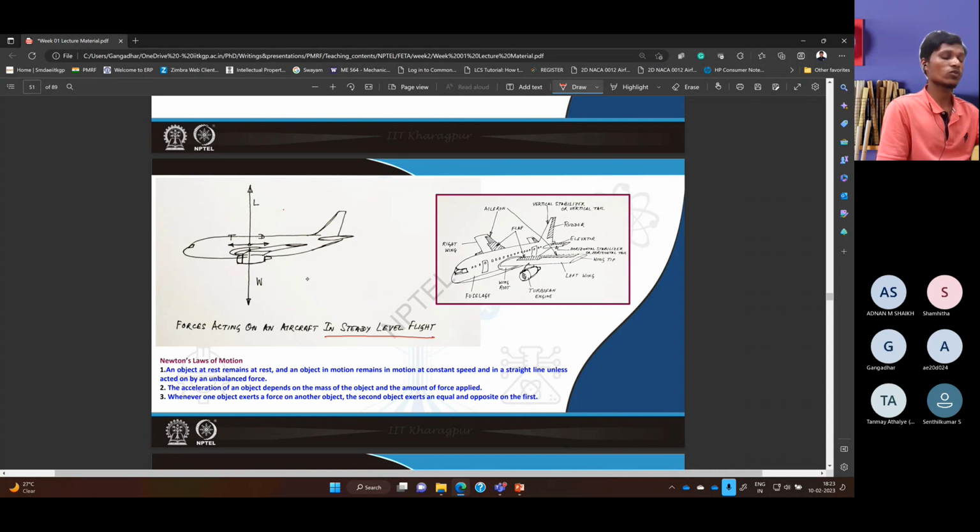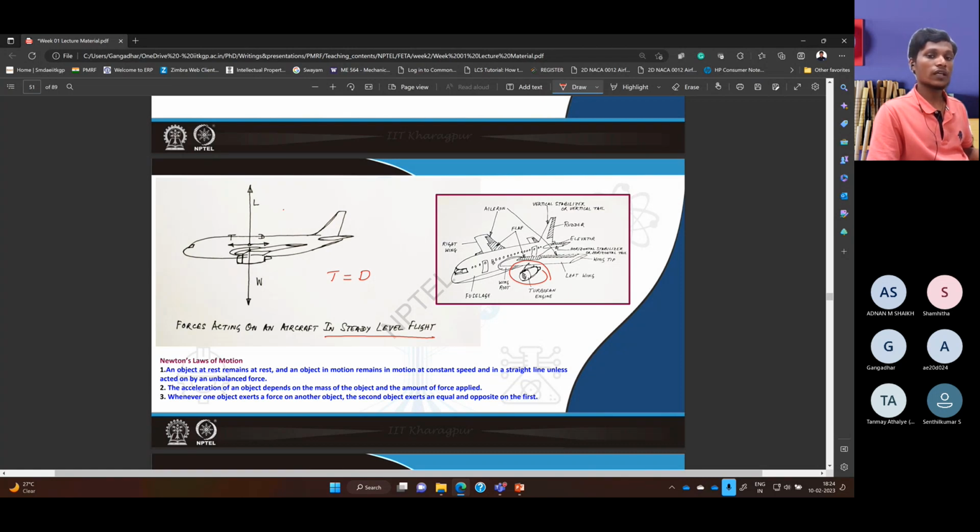What is the use of this steady level flight? Most of your flight is in steady level. After it climbs up, it will take you from the starting point to the destination, and most of the time, for a long amount of time, it will be in steady level. In steady level flight, the thrust generated by the engines, T, is equal to the amount of drag due to the air resistance on the surface, or the pressure drag due to the pressure differences.